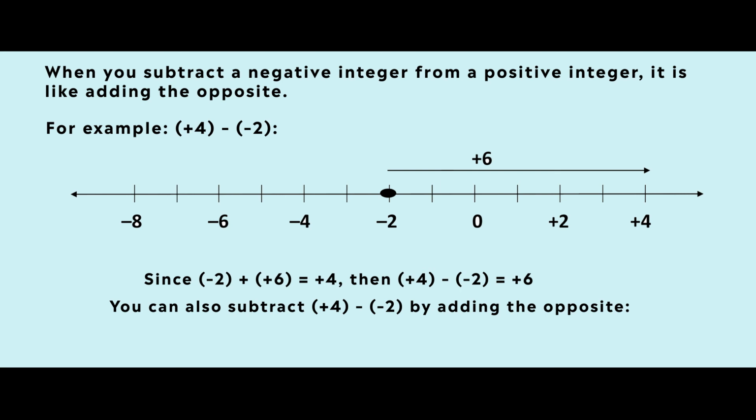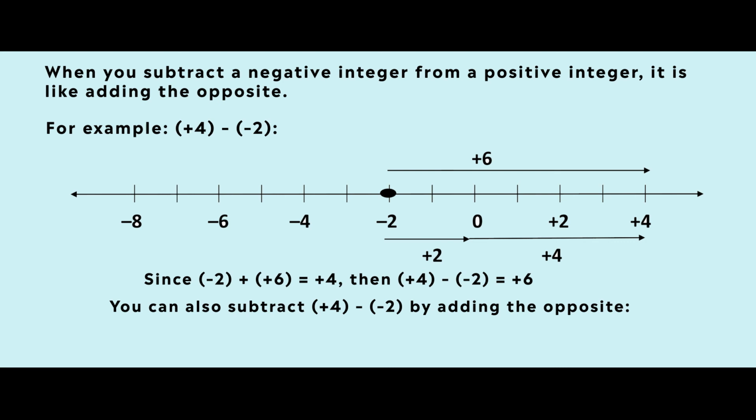From negative 2 you move to 0. When you move right to 0, we took 2 units, it becomes positive 2. Now from 0 to 4, we have to move to positive 4. As we move 4 units to the right, it becomes positive 4.